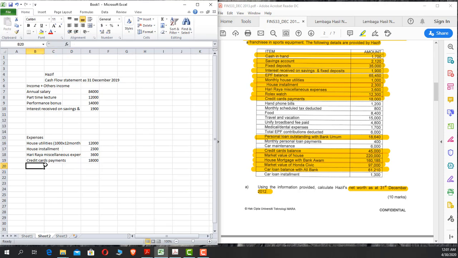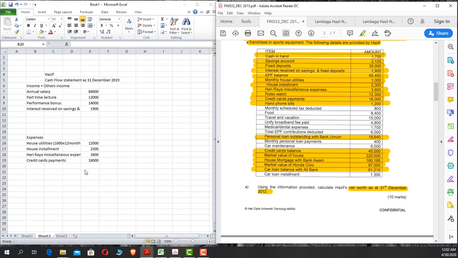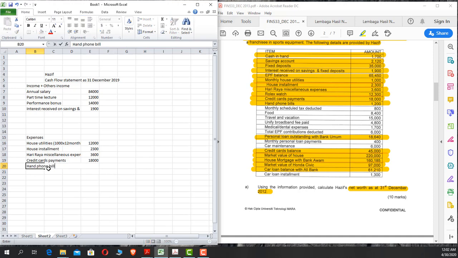So next, handphone bill ialah expenses 1,200. And next, monthly schedule tax.